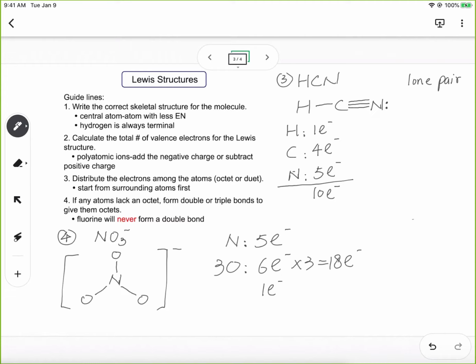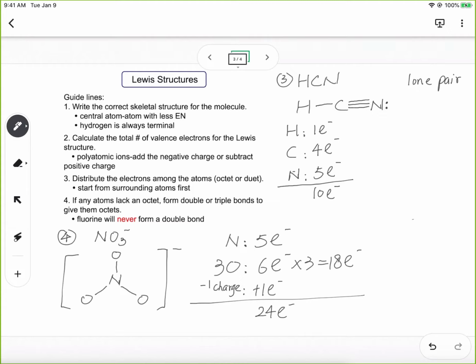Okay, I want to make a note here, plus 1 extra electron. Where does this electron come from? That comes from that -1 charge. All right, now if you add them together, 24 valence electrons.